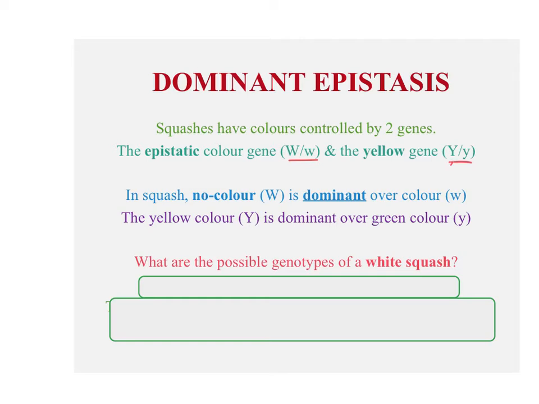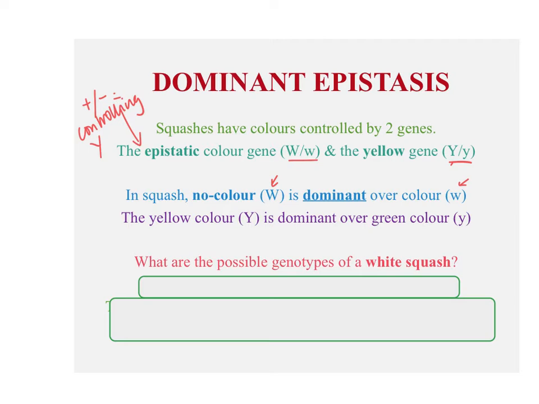Now what this means again is that the presence or absence of W is controlling the Y. Okay, so in squashes, the no colour or big W pigment is dominant over the colour pigment, which is a little w. So no colour is big W, colour is little w. And then yellow, big Y, is dominant over green colour, little y.